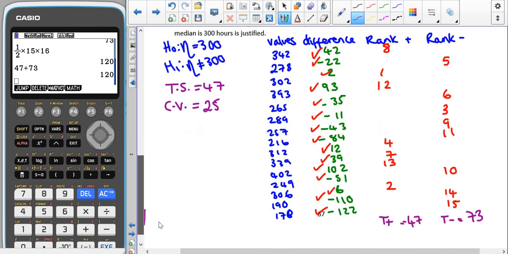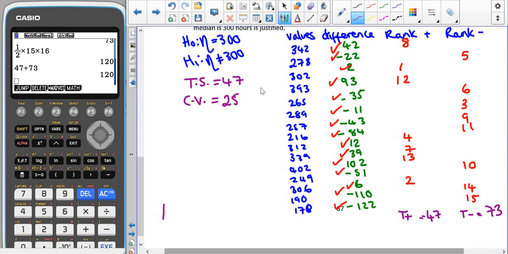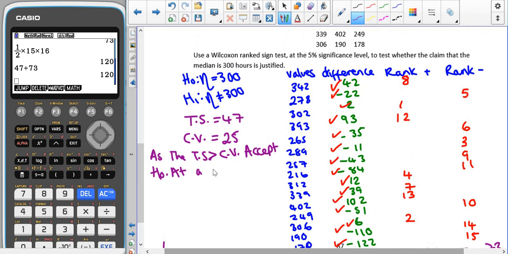And the conclusions are drawn in the same way as with the one tail. So as the test statistic is bigger than the critical value, this time we're going to accept H0 at a 5% significance level.